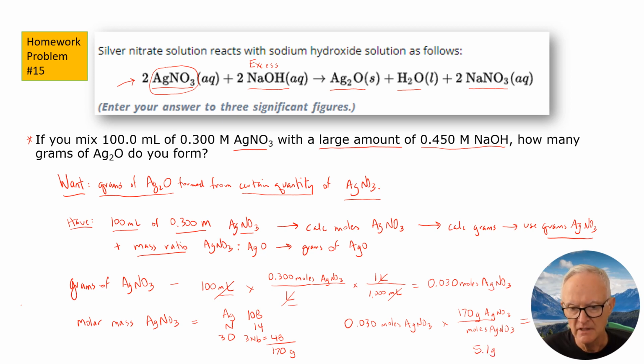So we've calculated grams of silver nitrate. Now we use the mass ratio between silver nitrate and silver oxide to calculate the grams of silver oxide we will make from 5.1 grams of silver nitrate. Let's go to the next slide and we'll do that math.